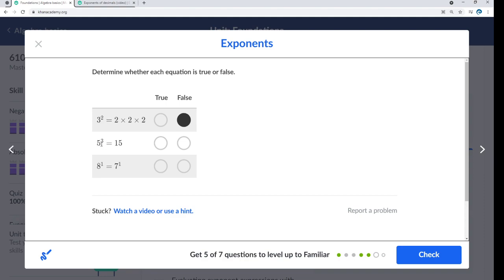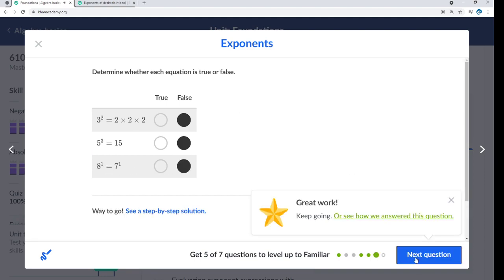And then it would be times 5 again, which would be 125 and not 15. So you are false. And 8 to the first power is 8 times 8, right? Or is that just 8 times? I kind of feel like if it's 8 to the first power, does that mean it's just 8 times itself? Yeah, so it's 8 times 8, which is not going to be equal to. So these are all false.